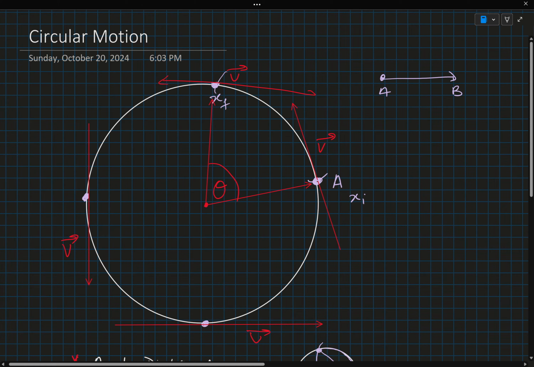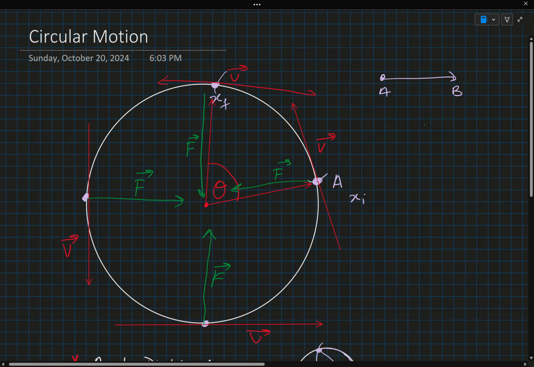There's a force that is dragging it to the center of the circle. I want to use a different color to show that force. So there's a force keeping it in that circular path, which is perpendicular to the velocity. That force F is what we call the centripetal force.